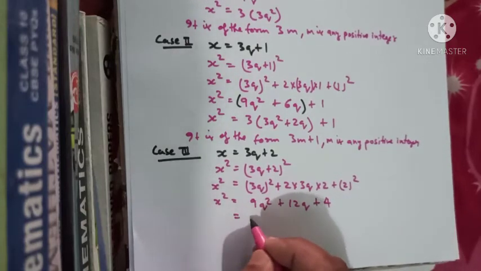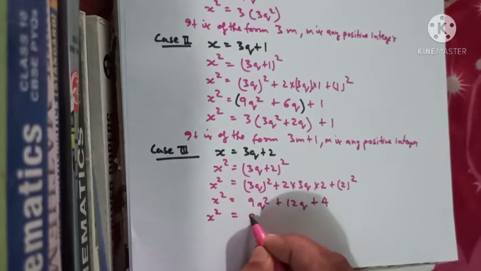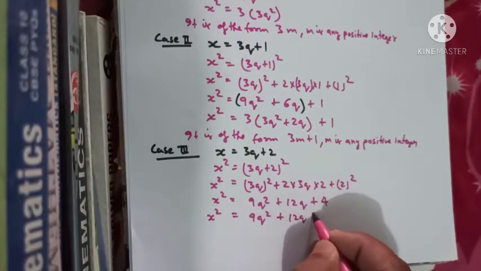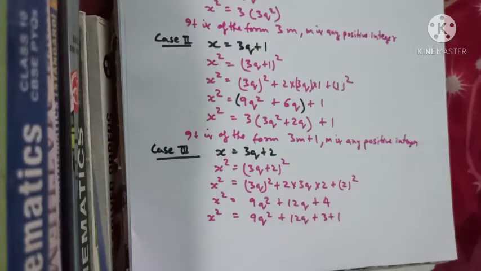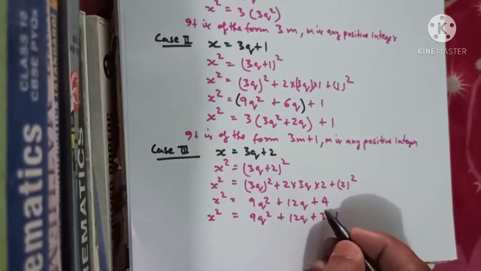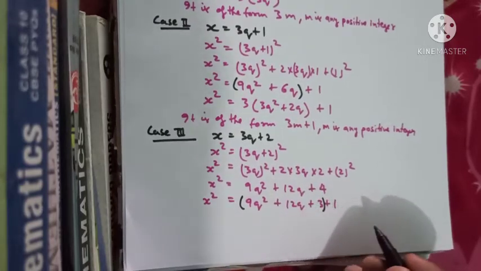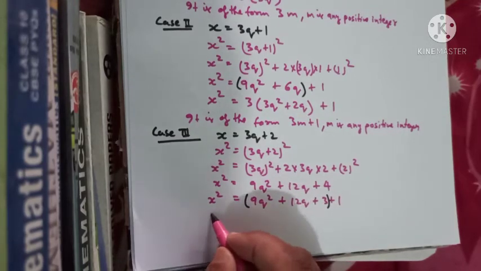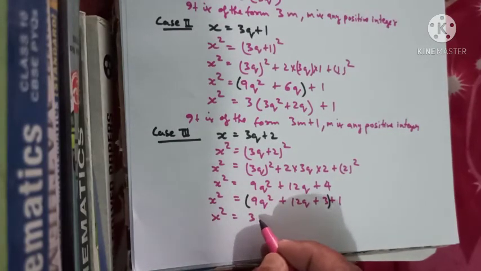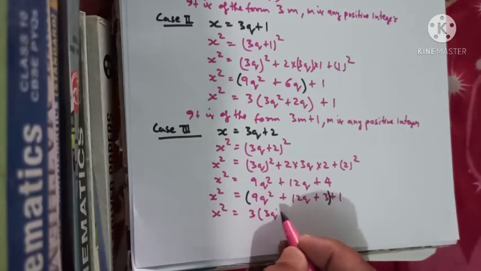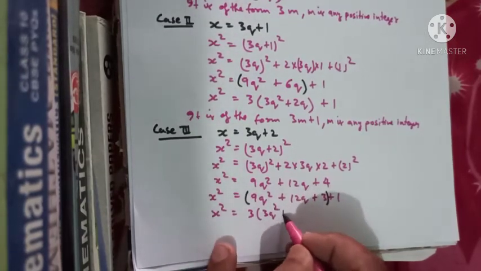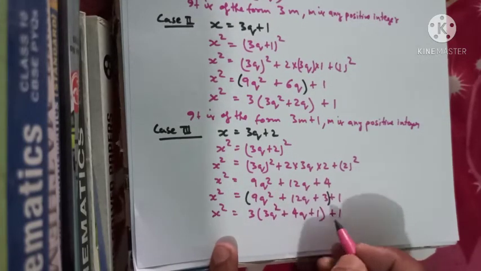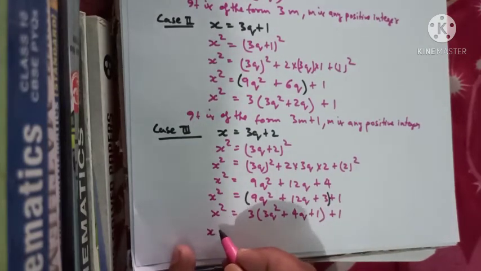So again this can be further written as 9q square plus 12q plus 3 plus 1. 4 can be written as 3 plus 1. Now we can take 3 as common from these 3 terms. So it will become 3 times 3q square plus 4q plus 1, plus 1.